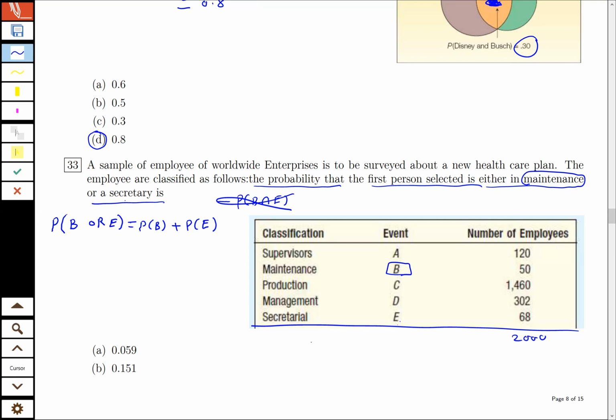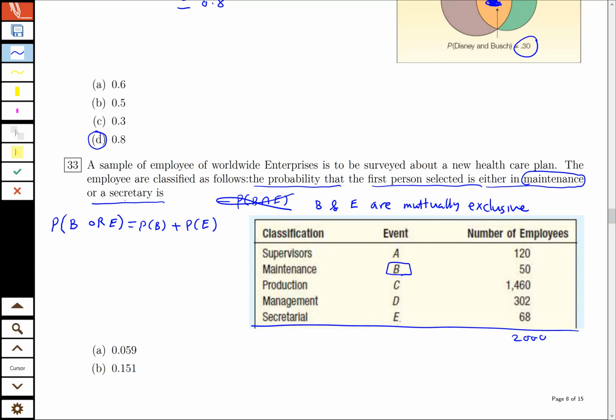In other words, these events, B and E, we call them in probability mutually exclusive, not related. There is no intersection between them.